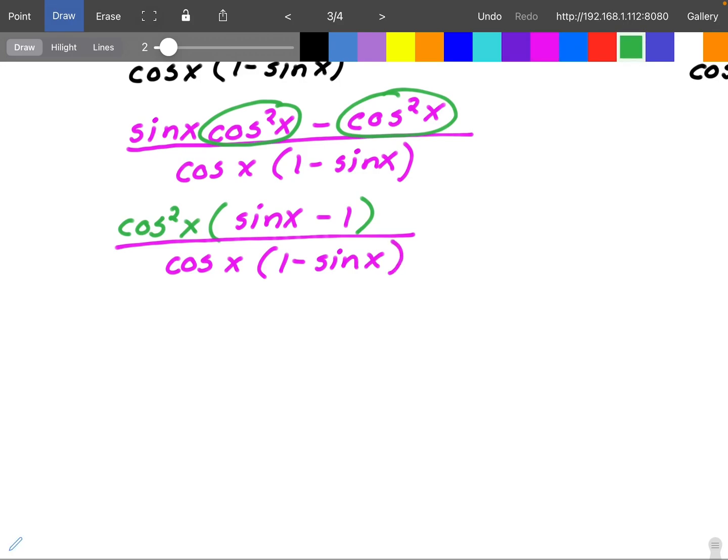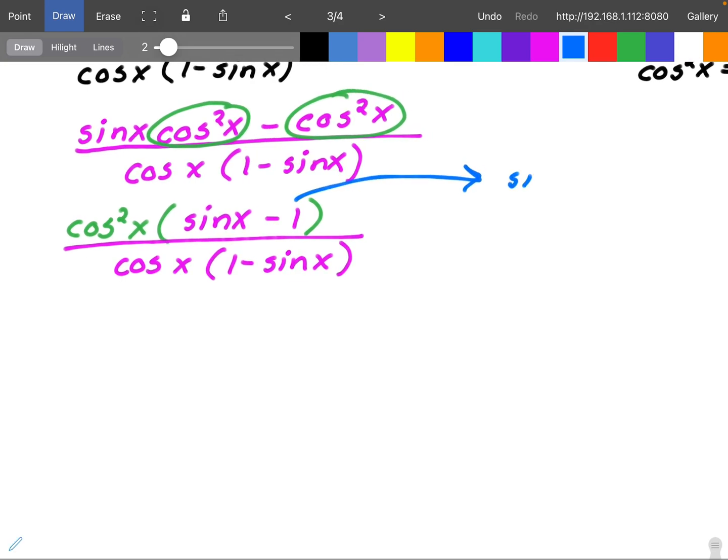And then I think, okay, so these two are almost the same, but not quite. If they were a plus, I could say they're the same, but minus, it's not the same thing. However, let's take this and let's kind of go off to the side, and we're going to manipulate it a little bit. We have sine x minus 1.